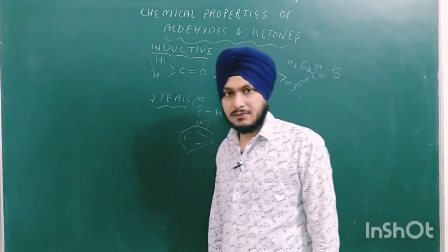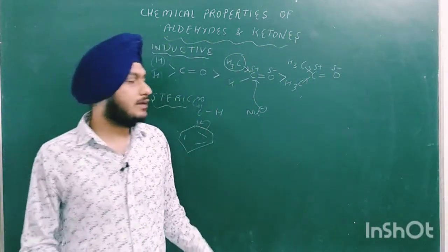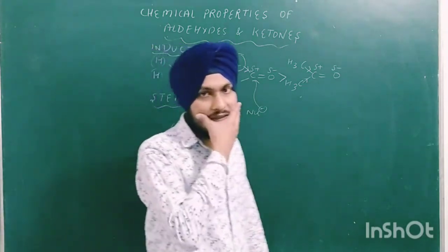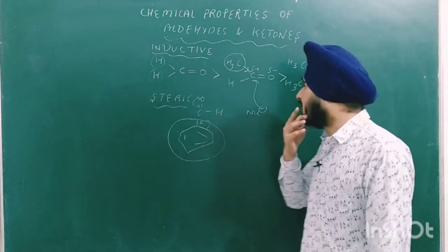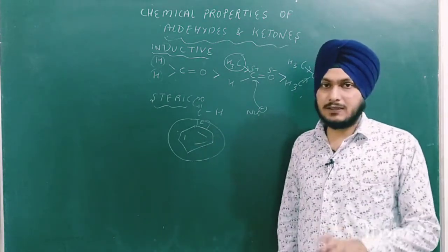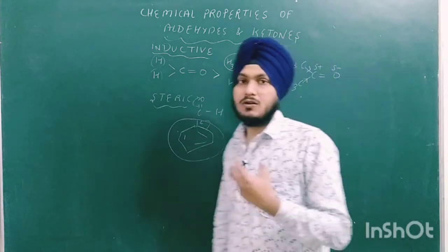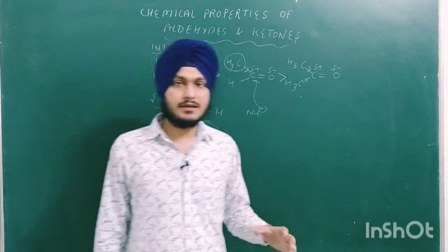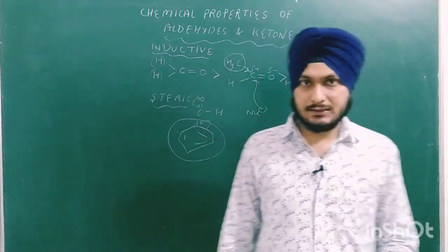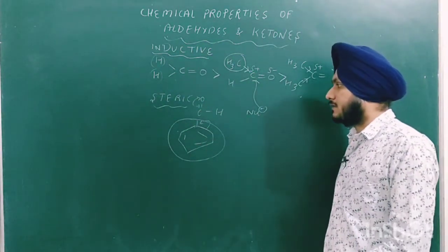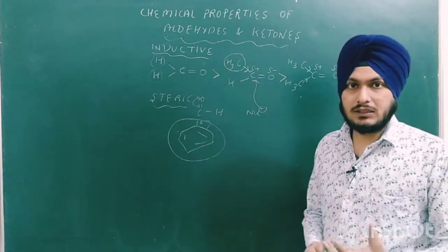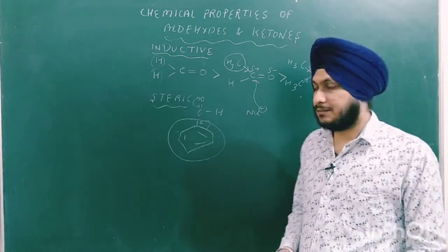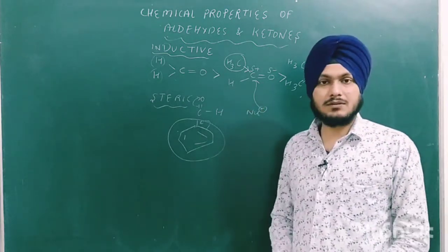This is the main reason, and the second reason is that this benzene ring will also act as a nucleophile. That is why the attack of the nucleophile is not favorable as compared to the aliphatic. So the ease of nucleophilic addition reaction of the aromatic system is less as compared to the aliphatic system.